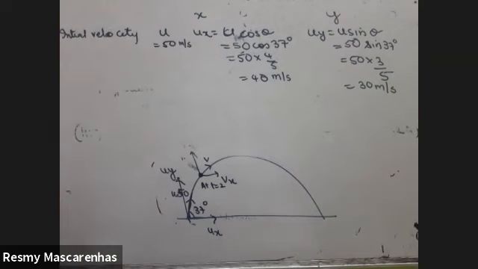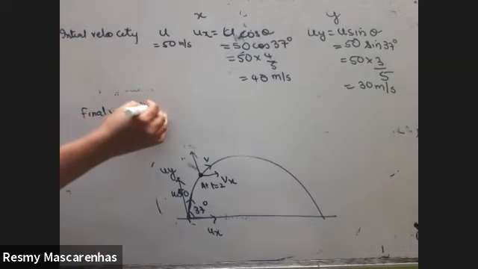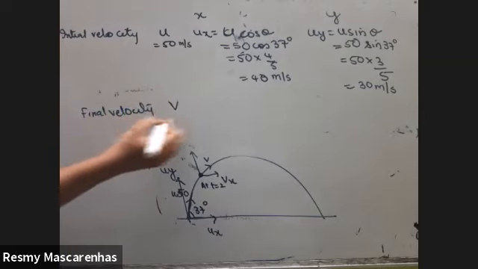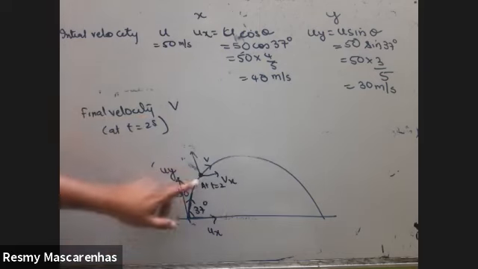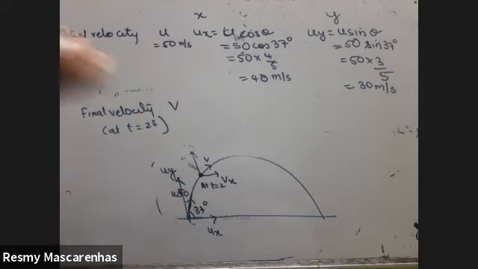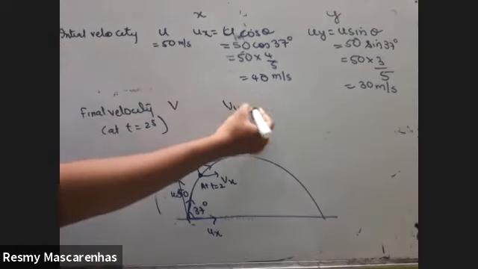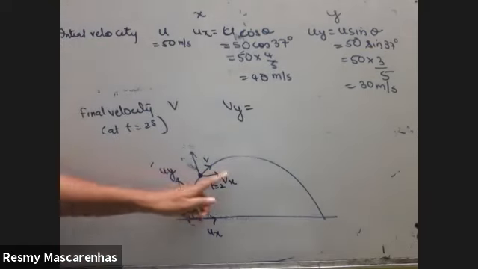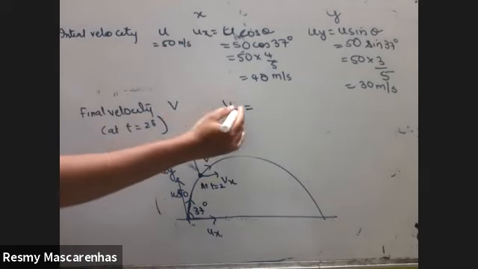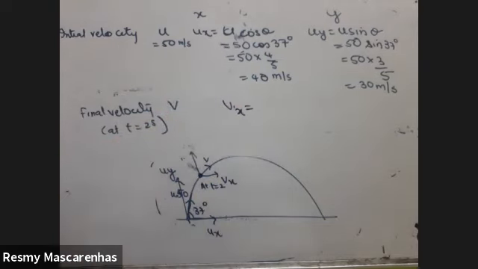Now we'll see what the final velocity is. Final velocity means at t equals 2 seconds, at this point. Can anyone tell me what is Vx? What is your horizontal component value?